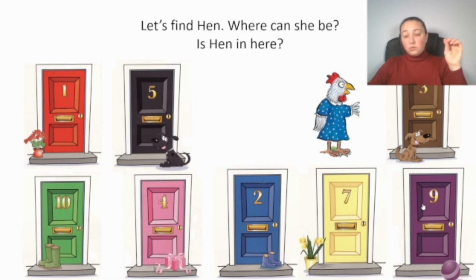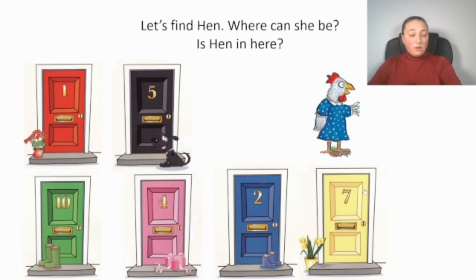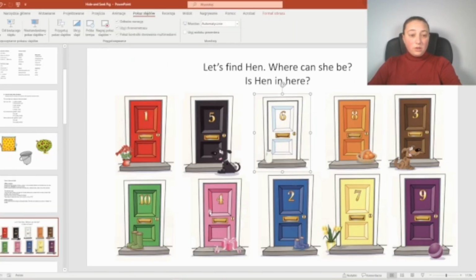Or we can do it on the spot, make the screenshot of our students and put them behind the doors. It will be even more fun. And thus we recycle who's behind the brown door. Try to guess, and if they guess, they get a point, or just having fun.